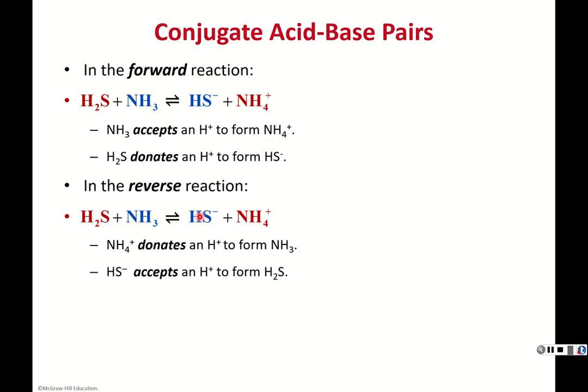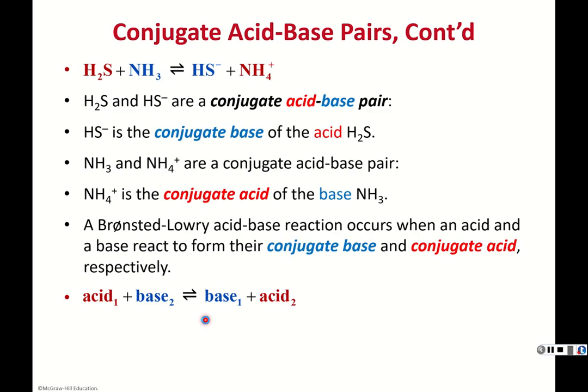Okay. To see that, if you did this in the reverse direction, NH4+ is what's going to be donating the proton to turn back into NH3, and HS- is what's going to be accepting the proton. So the thing that is an acid in the forward direction is a base in the reverse direction, and vice versa. So H2S and HS- are conjugate.